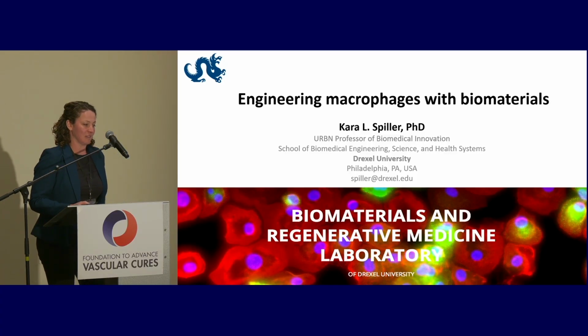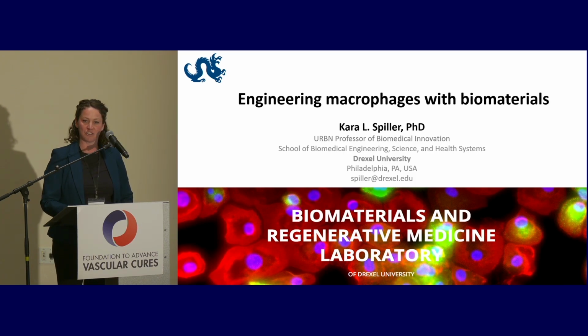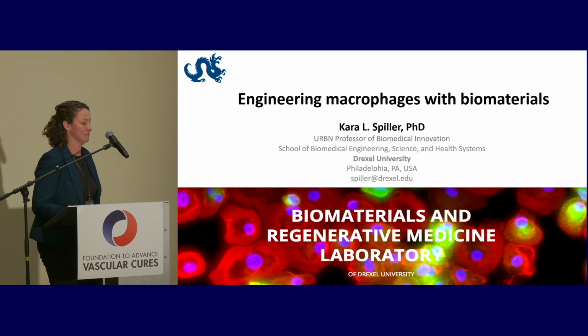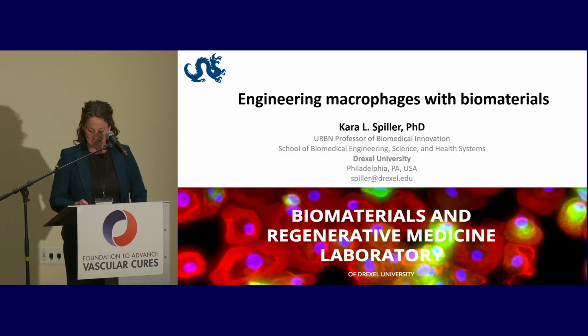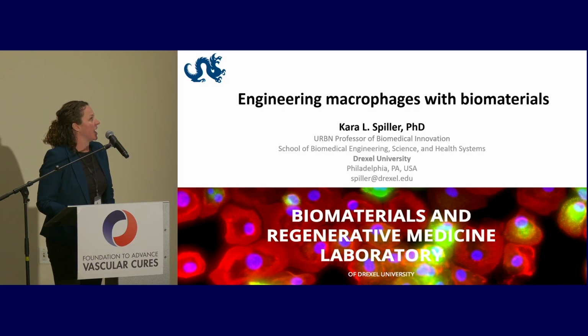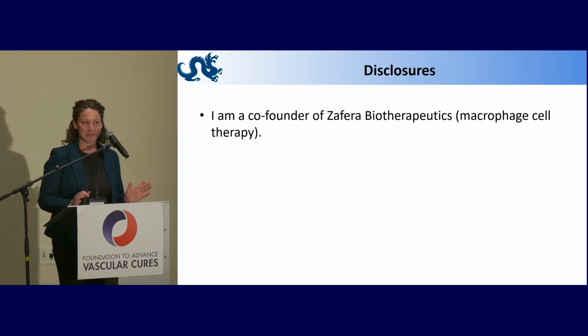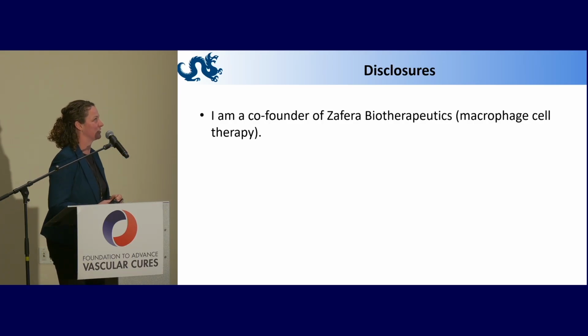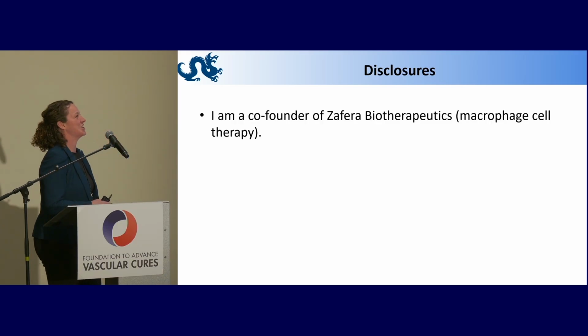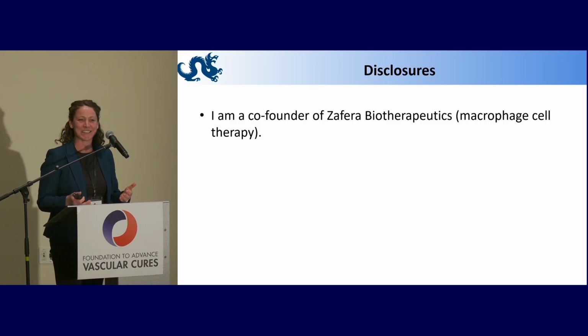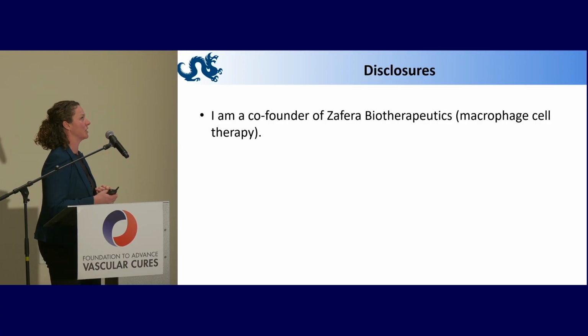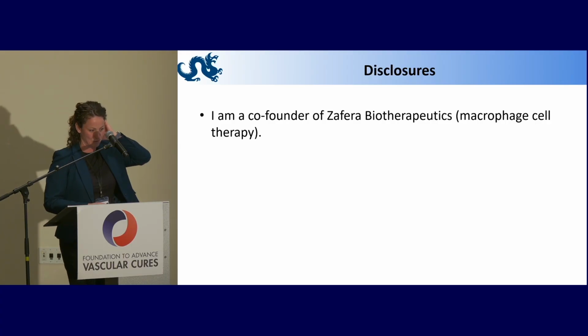So in my lab, we focus on engineering macrophages, the primary cell of the innate immune system. So Dr. Gallagher's talk was an excellent primer. And I just wanted to say before I started that I just started my first company last week, which I'm very excited about. This was a professional bucket list sort of thing for me because, as I said, since I'm not a physician, really the only way that I can make an impact for patients is by starting companies to try to bring my inventions to them, and that necessarily requires working with people like you.